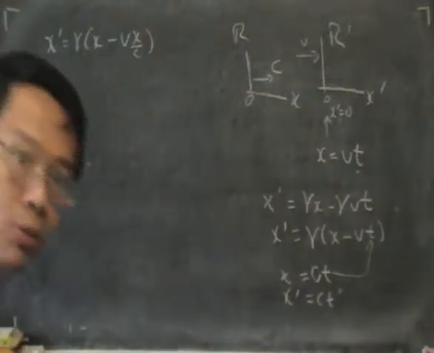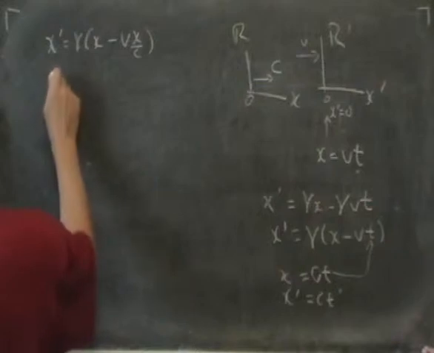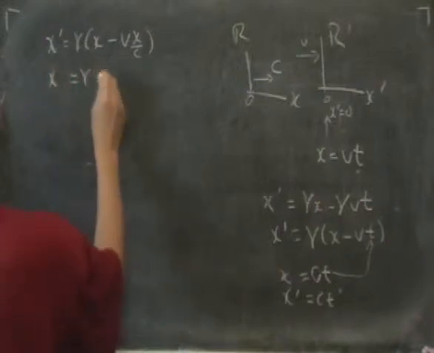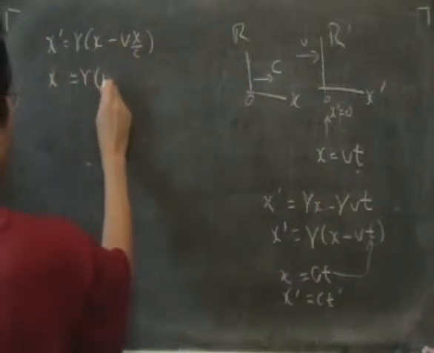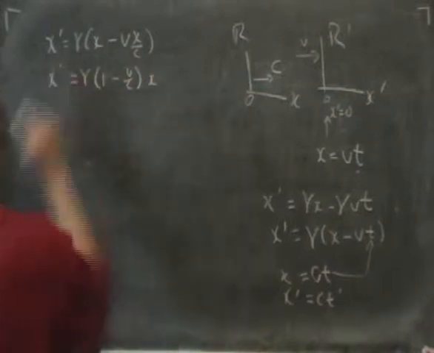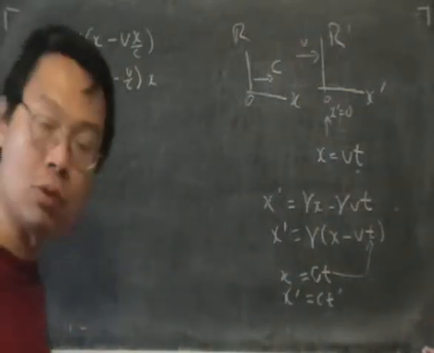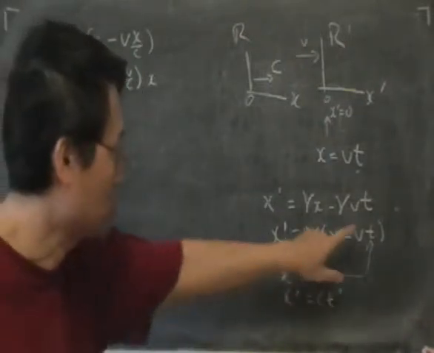Right, that's what we have. And since x is a common factor, let me factor it out. I get gamma of 1 minus v over c times x, that's x prime. So, okay, all I've done is I've made a substitution.